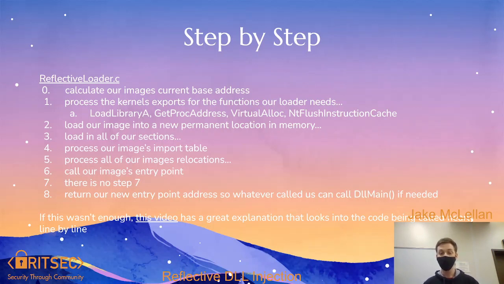Then we load in all of the sections. Then we process the image's import table, so we're going through the reflective DLL and then loading the DLLs that DLL uses.